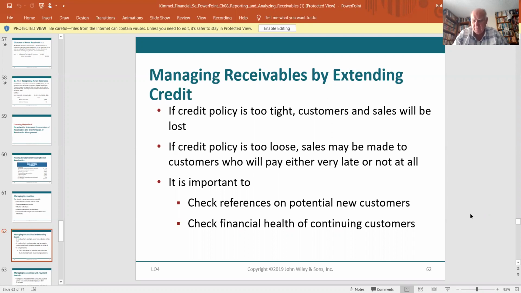You loosened your policy to take some risks. At the end of the year, I had 0 bad debt expense, but you had $100,000. But guess what? My sales only grew to maybe $1.5 million. Your sales went up to 3 million because you were willing to take a risk. You were willing to risk $200,000 to make an extra 3 million. So that's why you don't want the credit policies to be too loose. If you're not experiencing any bad debt expense, you might want to take a look at your credit policy.